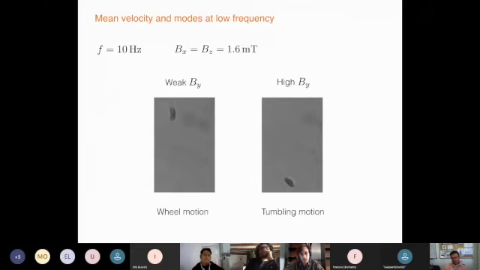You know what I mean? But wait, the ZX plane is the plane perpendicular to the surface. Yeah. So if the magnetic field vector stayed in the ZX plane, you would expect that the magnetic moment of the triangle will do the same, no? Yeah. Okay.